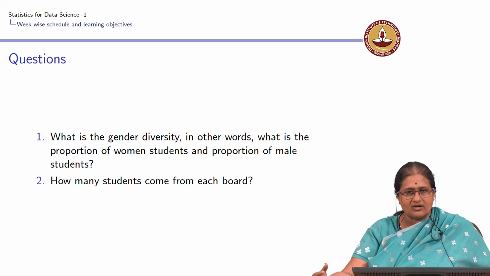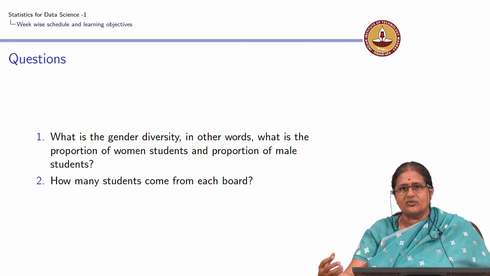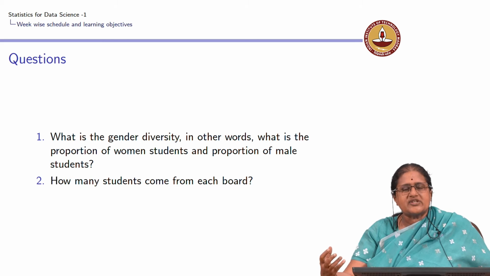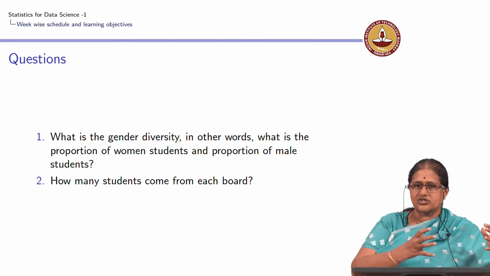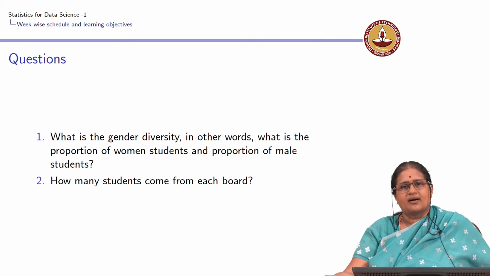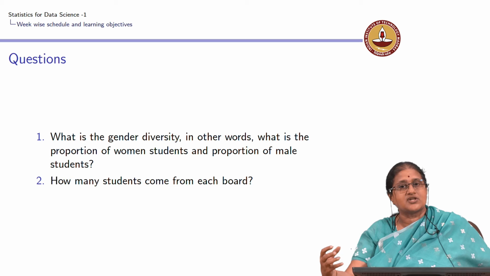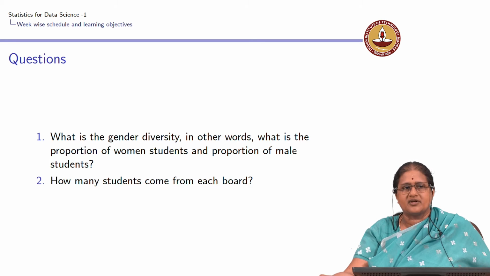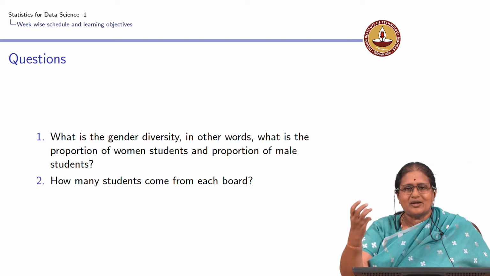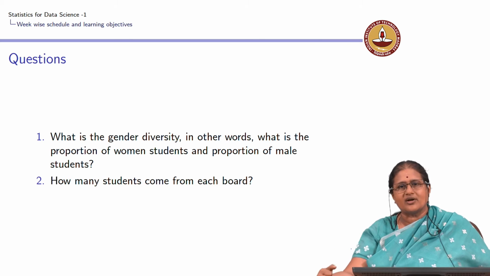And if the state of a student has been captured, we would like to know the regional representation of students: the proportion or the count of people from a particular region. This is the type of question pertaining to a type of data which we refer to as categorical data.